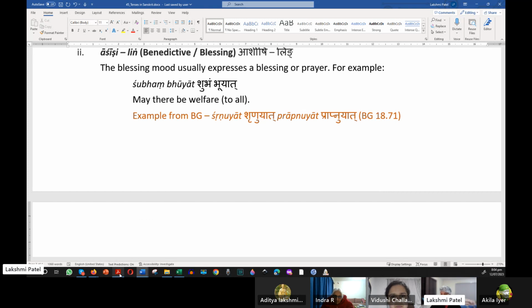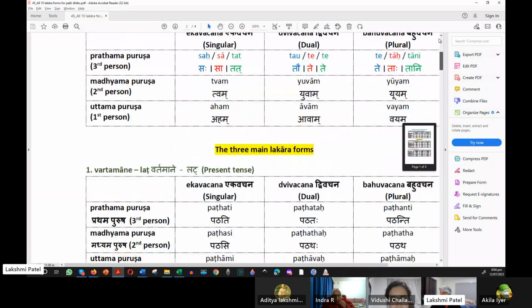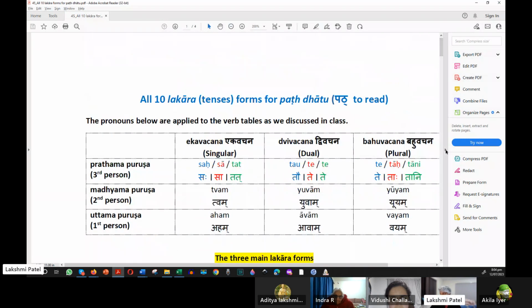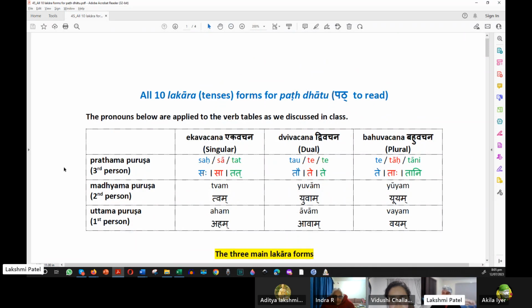Okay. Now the forms these 10 tenses take are given here in the form of tables. So first, remember our pronouns. Saha, tau, te, sa, te, taha, tat, te, tani. Tvam, yuvam, yuyam.